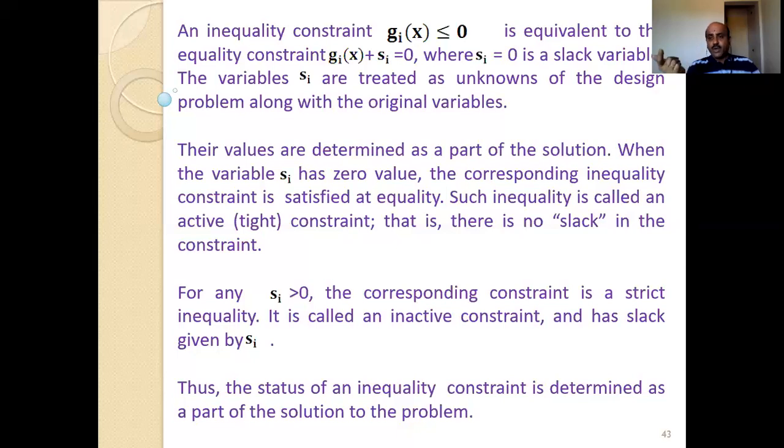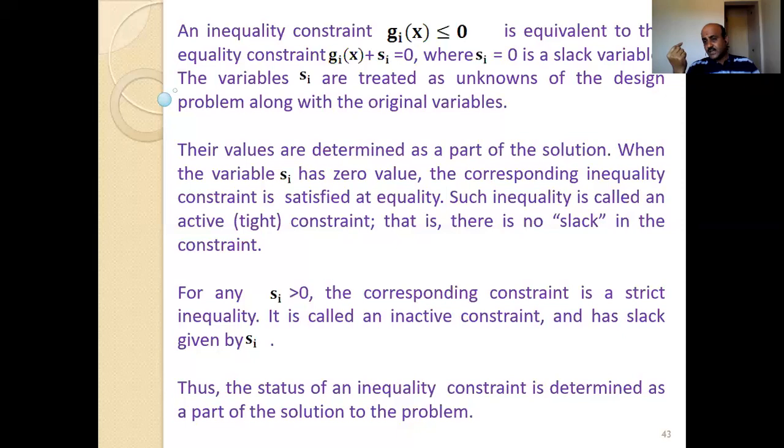Therefore, when the slack variable Si is equal to 0, you are satisfying the equality constraint for the inequality Gi of x. Such an inequality is called an active constraint.